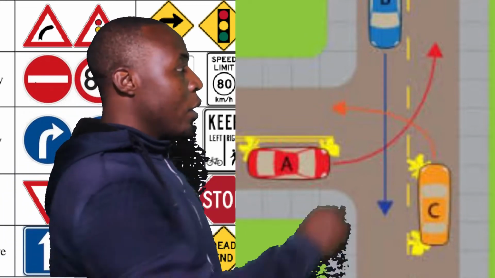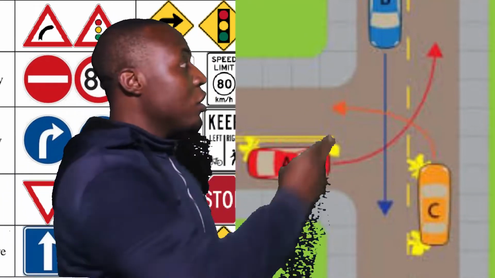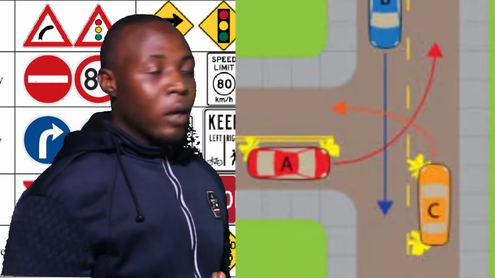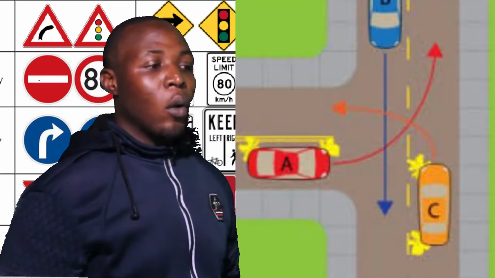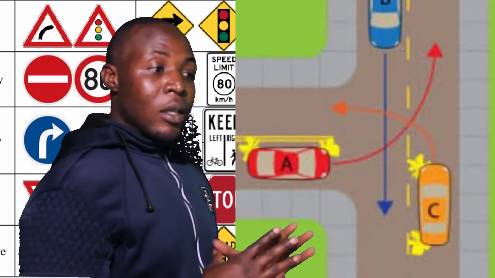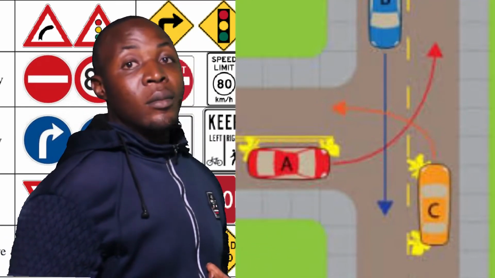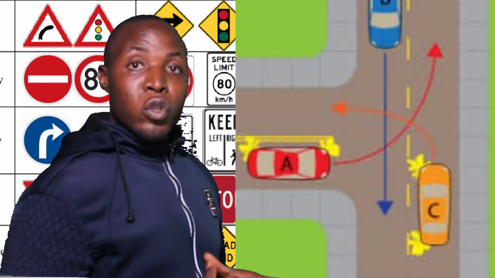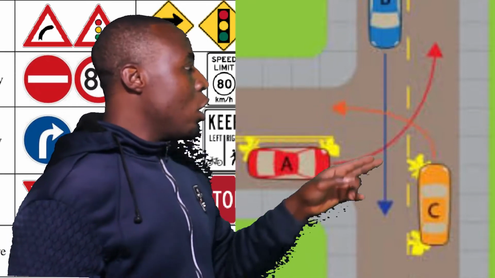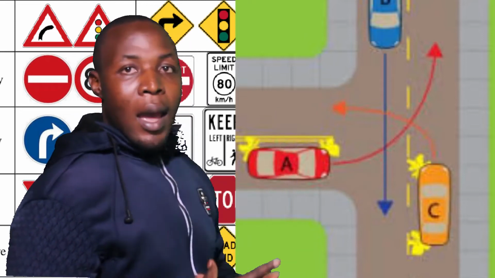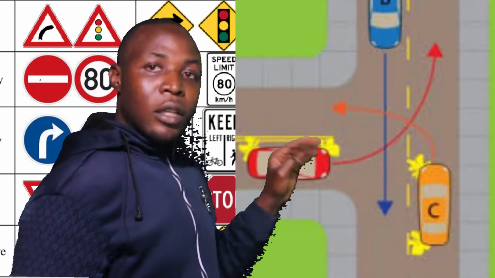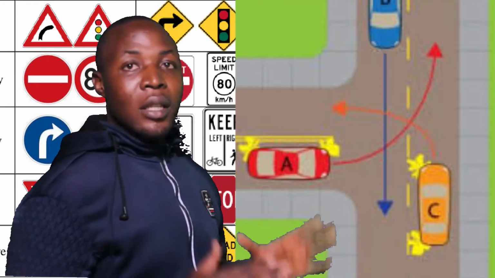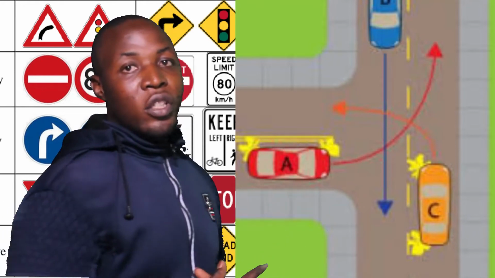That is, since the blue vehicle is going straight, the blue vehicle has the priority to pass and go down. Then the yellow vehicle is on a major road, so it has the priority to branch and enter, and the red vehicle will now follow. So that is the order of passing on this road.